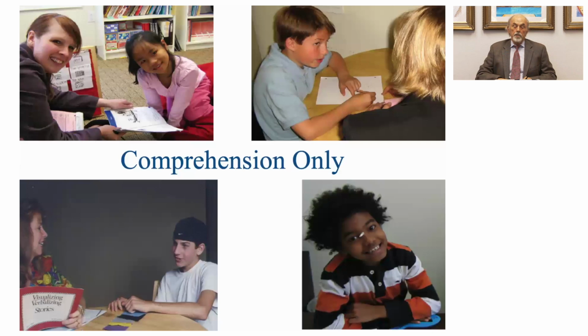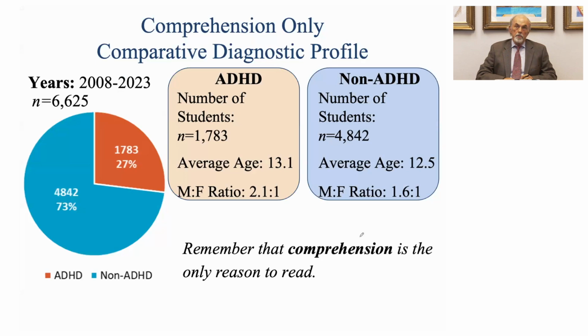Having addressed decoding issues, what about language comprehension? For those of you familiar with Lindamood-Bell, we parse out our instruction based upon differential diagnosis. We see significant numbers of children not only who fall into the category of decoding issues, but language comprehension as well, or additionally, or exclusively by themselves, which is what this data is exhibiting here. 1,700 children came to us, had no decoding issues, but predominantly they were expressing issues with their ability to comprehend what they read.